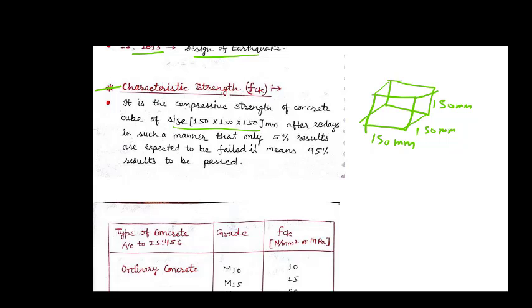It means if you have made an M20 grade of concrete and you have casted it in a form of cube of dimension 150 into 150 into 150 mm, so after 28 days it should give minimum 95% strength of the total design strength. If it is giving, then your mix ratio is good and it can be accepted. But if this does not satisfy, it means the result are failed and you have to do the mix proportioning again.